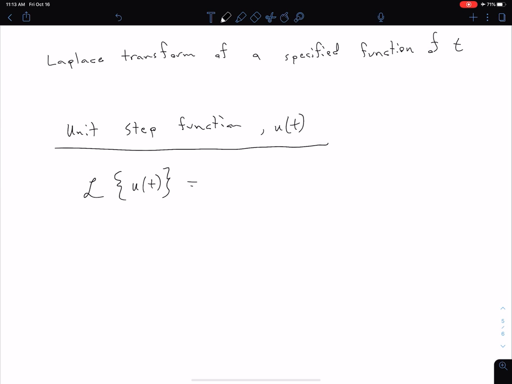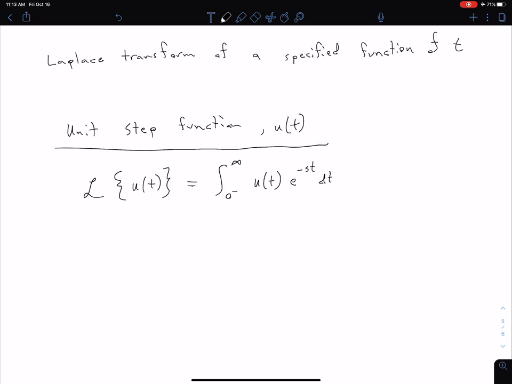Essentially, if we're using that equation, we're just going to now substitute for our f of t in that integral. For all of these cases, you can do this each time, but what we're going to see is that ultimately we're going to be using a table for these transform pairs and transform properties. So our f of t has now become u of t, and then we have e to the minus st dt.